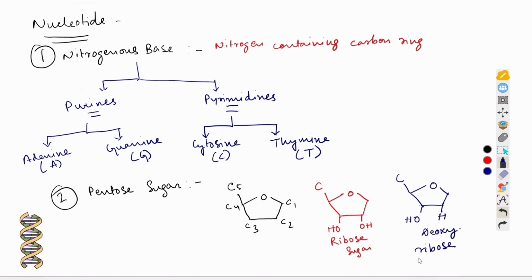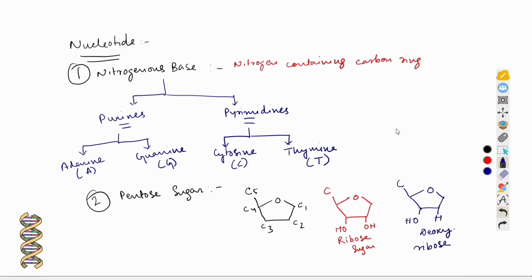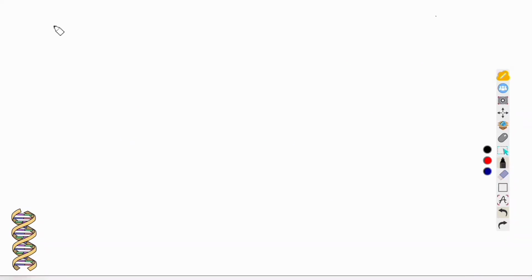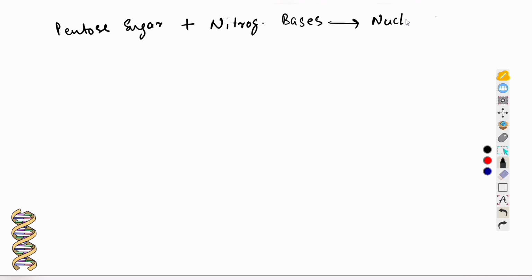Now this pentose sugar and nitrogen base fuse together to form nucleosides. So, pentose sugar plus nitrogenous base makes nucleosides.